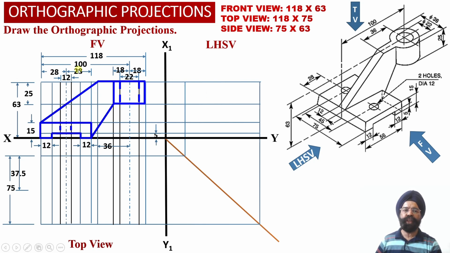Now let us proceed to evaluate the top view orthographic projections of the solid. We know that this inclined vertical web is located centrally alongside the depth of the solid above element number 1, which happens to be the horizontal web. The total depth of the solid is equal to 75 millimeter.